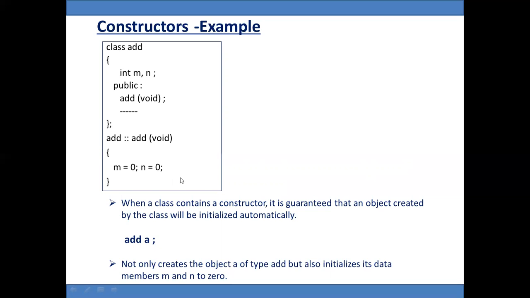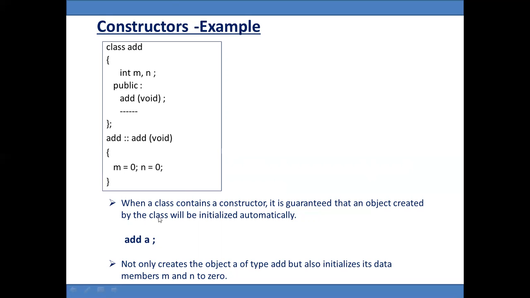Define the member function: class name add, scope resolution operator, member function name add, and initialize the m and n values. When a class contains a constructor, it is guaranteed that an object created by the class will be initialized automatically.